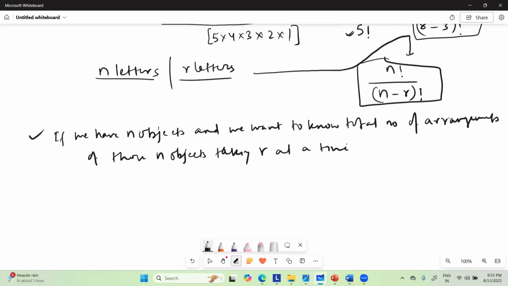So just give me a hands up if you can relate this statement with this and this with the previous one. Are you able to relate? Our example was that there were 8 letters. We wanted to make a word of 3 letters out of them. So basically we wanted to arrange those 8 letters, taking 3 at a time. Because if it is a 3 letter word, you will not take all 8, you will take only 3.